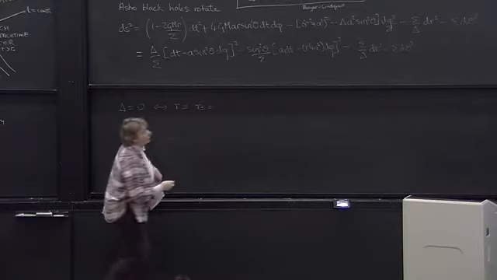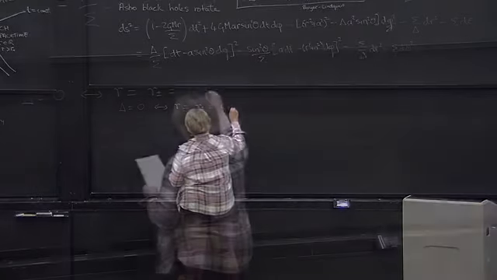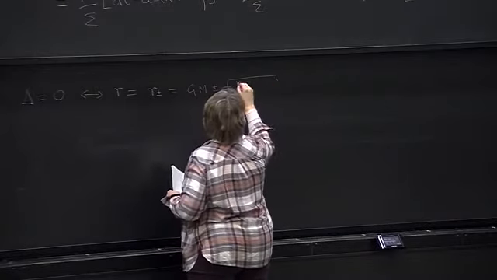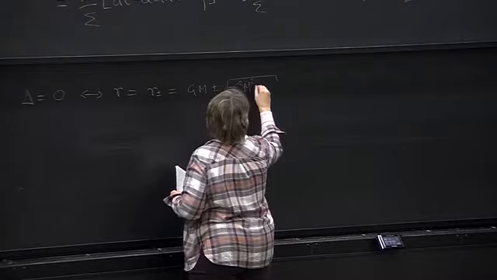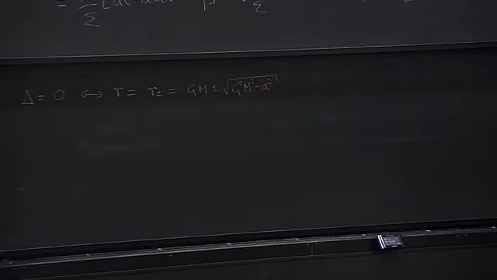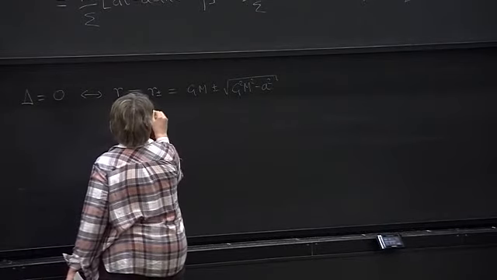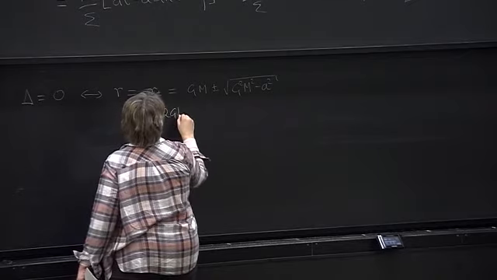There's two roots, obviously, because it's a quadratic. So the greater root, r plus, is at GM plus the square root of G squared M squared minus a squared. So notice that r plus is less than 2GM.